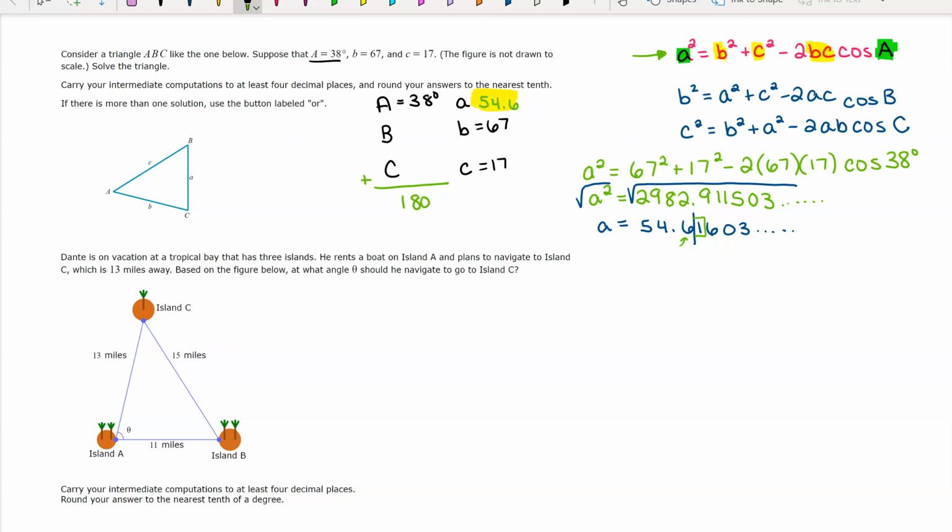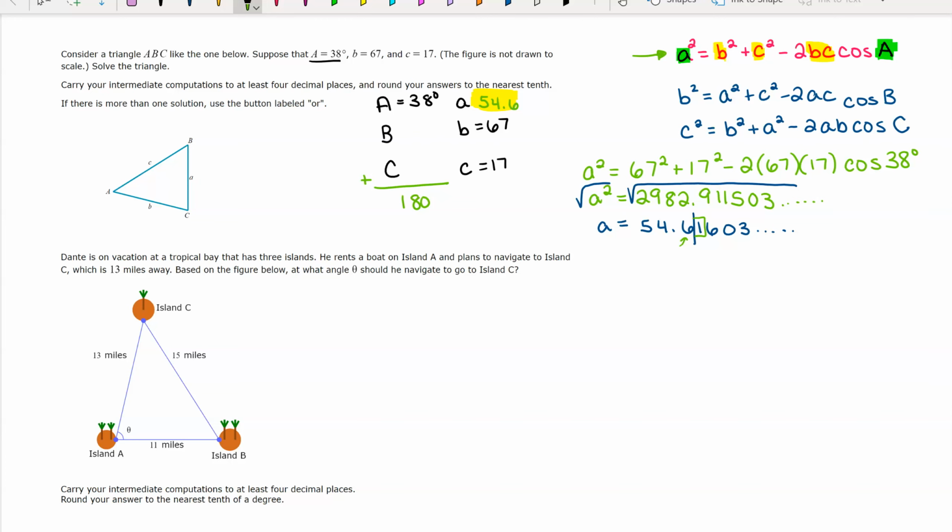Now, technically, you now have a whole row of information, so you could use the law of sines. The reason I am not going to use the law of sines at this moment is that since I'm looking for angles, when I use the law of sines and then have to use my sine inverse button, I could get a wrong angle.